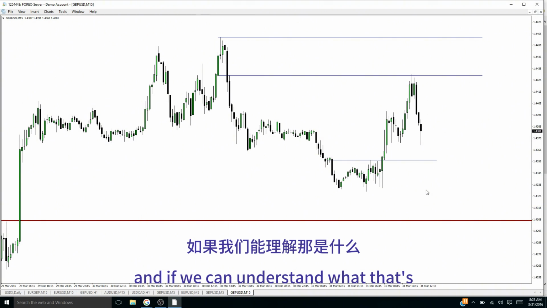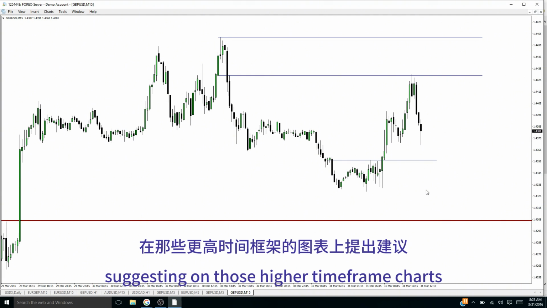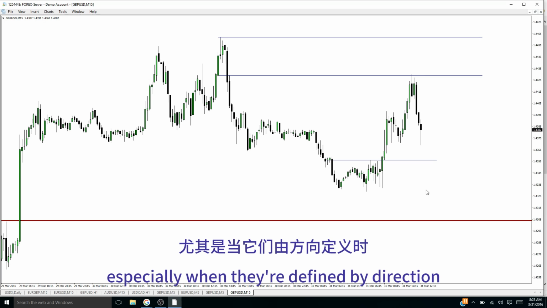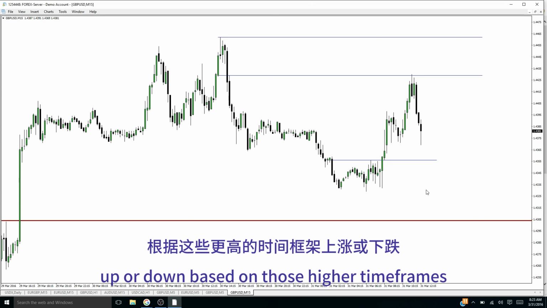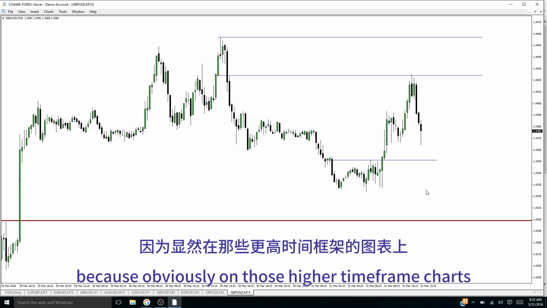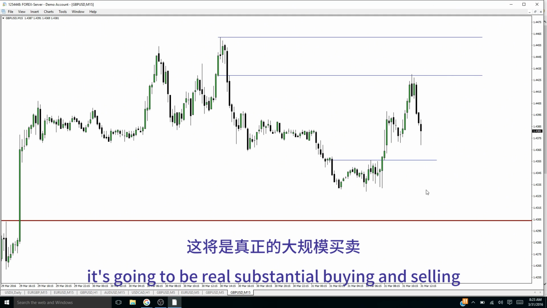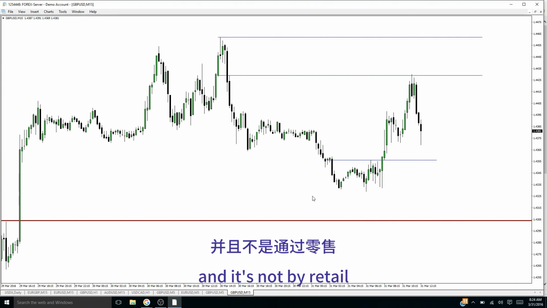And if we can understand what that's suggesting on those higher time frame charts, it'll give us a lot easier way of looking for trades, especially when they're defined by direction up or down based on those higher time frames. Because obviously on those higher time frame charts, it's not going to be noise that moves them. It's going to be real substantial buying and selling, and it's not by retail.